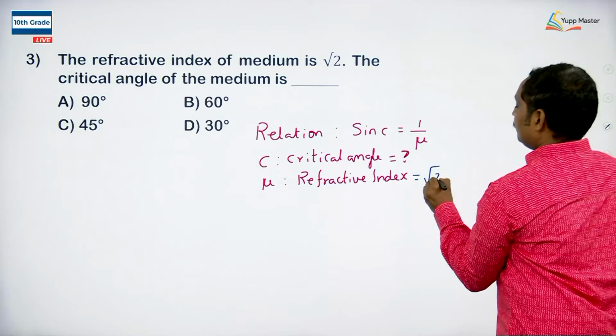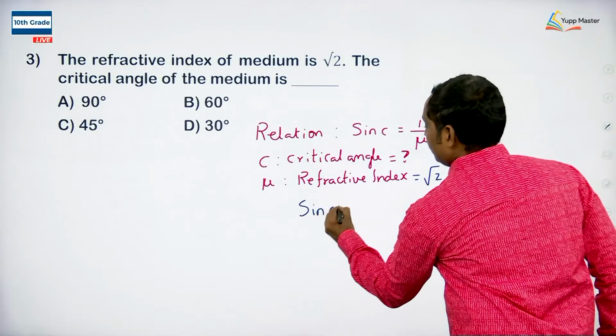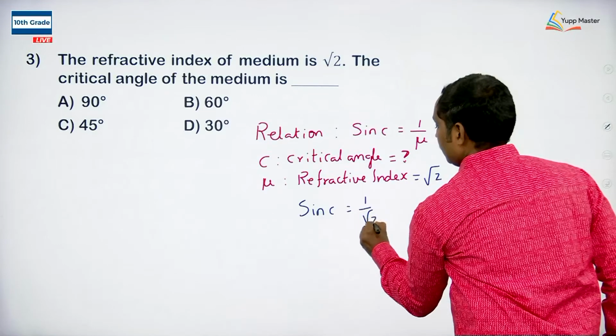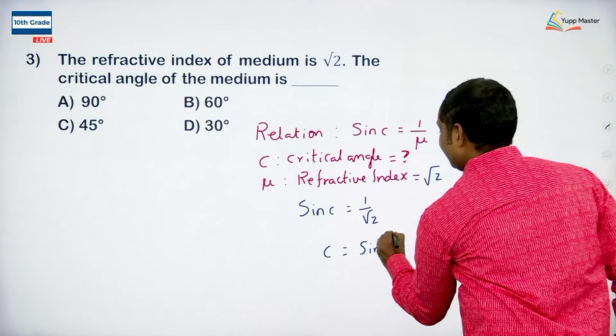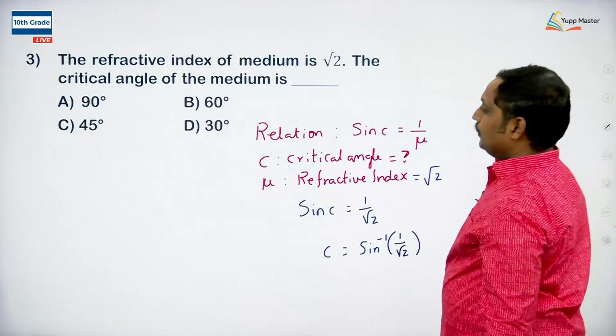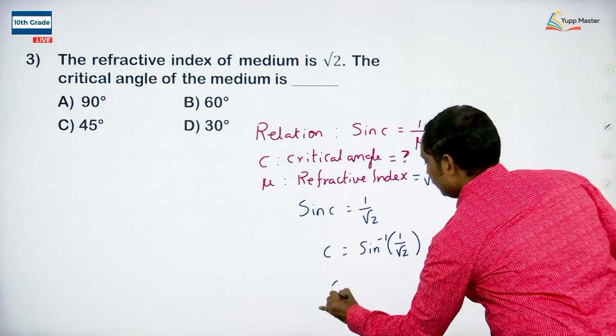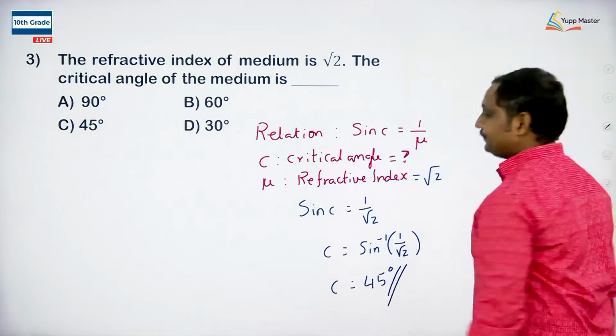That is root 2. Therefore, sin C is equal to 1 by root 2. C is equal to sin inverse 1 by root 2. You will identify that C is equal to 45 degrees.